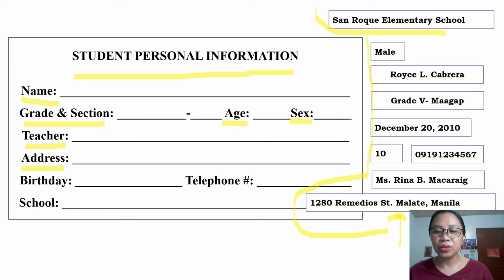Make sure that his address is complete, together with the number of the house or the residence, and also his birthday, his telephone number, and the school.